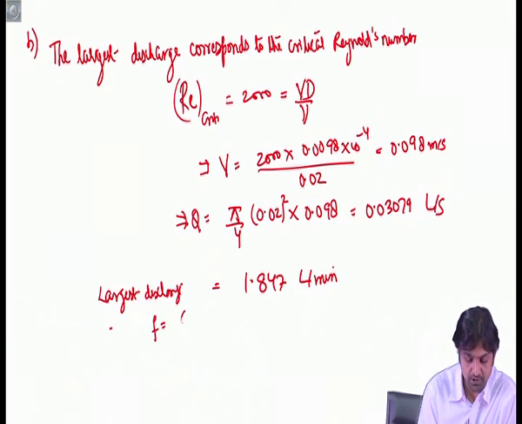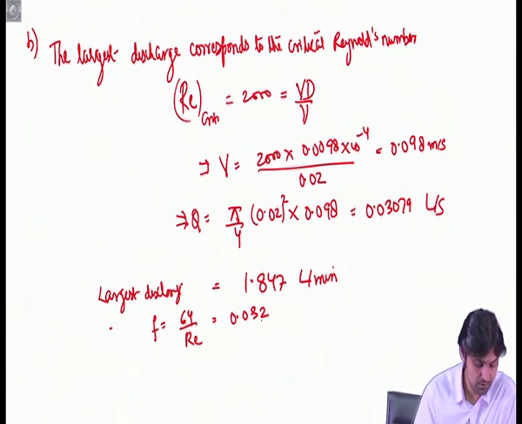Also, f can be written as 64 by Re, which comes to 0.032. So u star can be calculated as V under root f by 8.